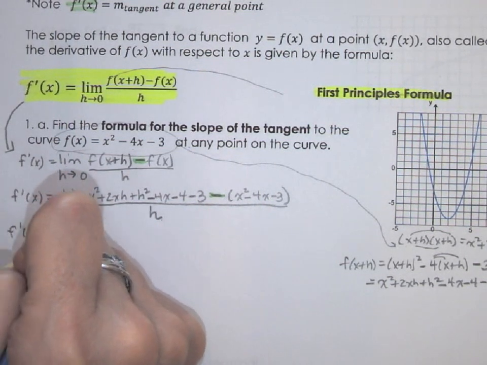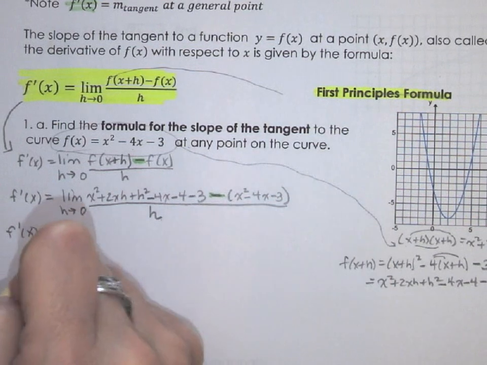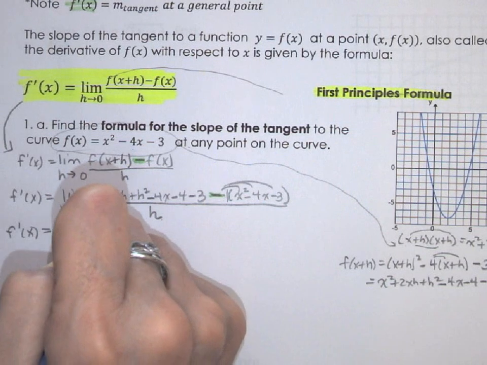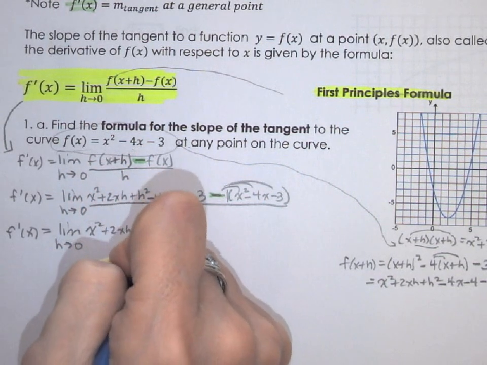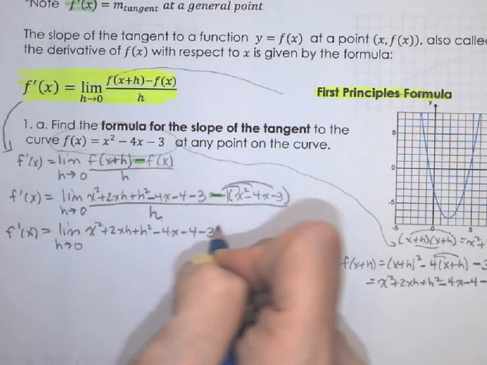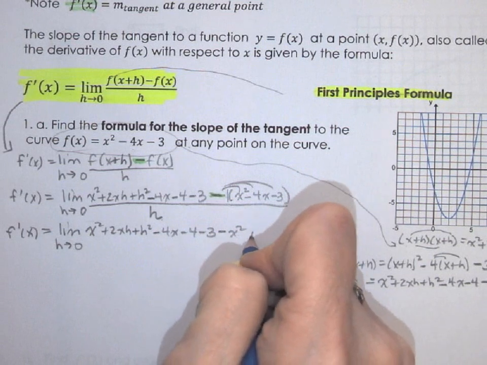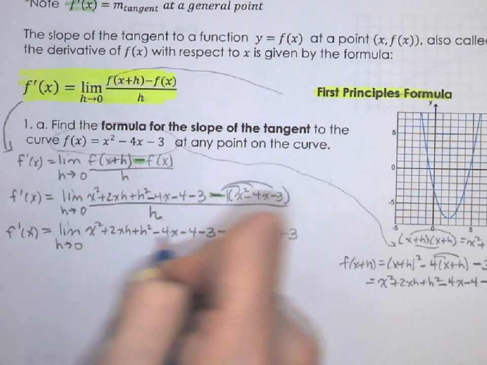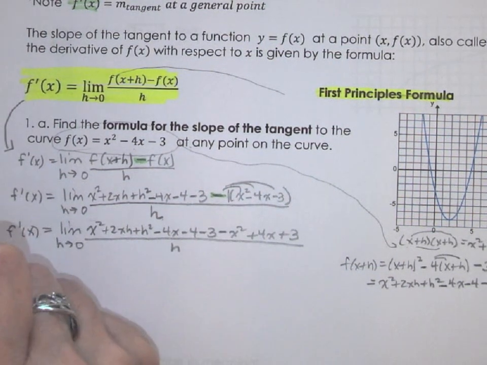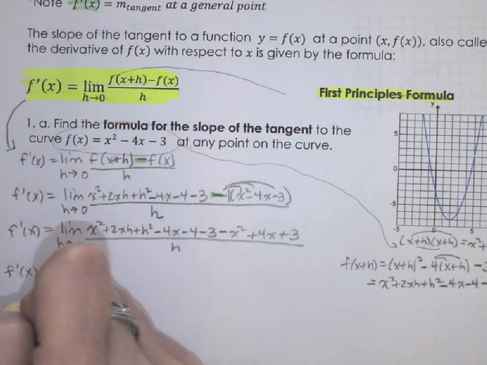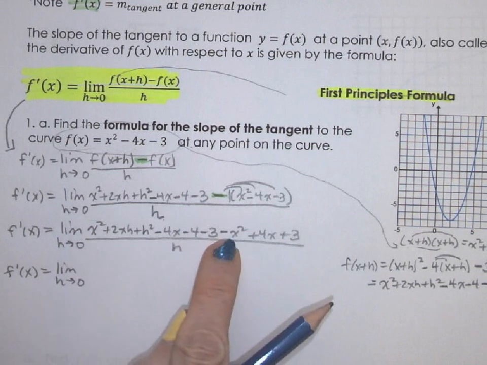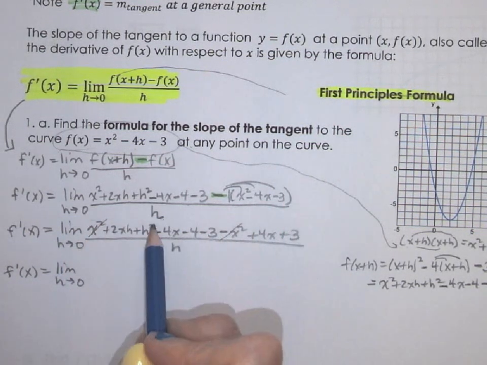So the next thing I'm going to do is distribute that negative through the bracket here. So expand these brackets. So it's going to be minus x squared plus 4x plus 3. And we can see x squared minus x squared, that's a 0 pair.